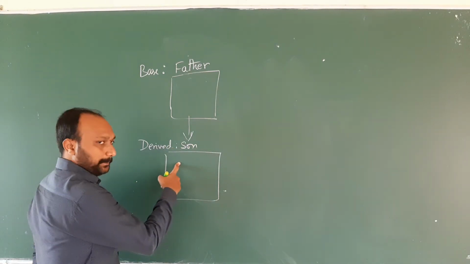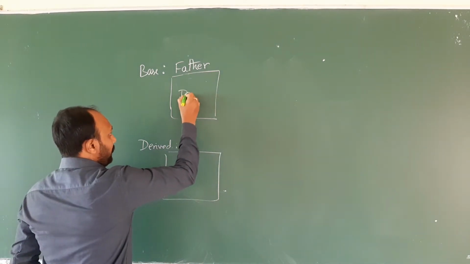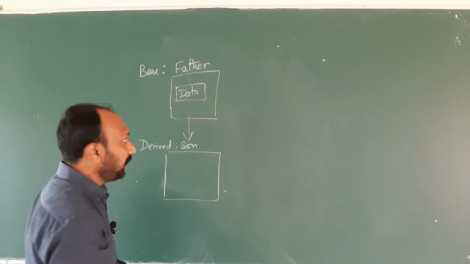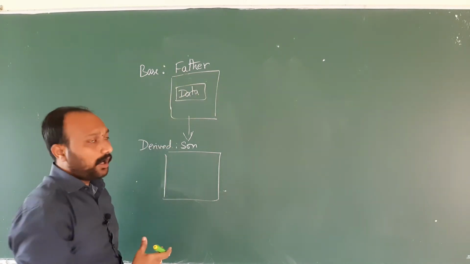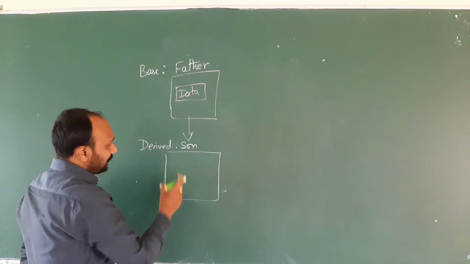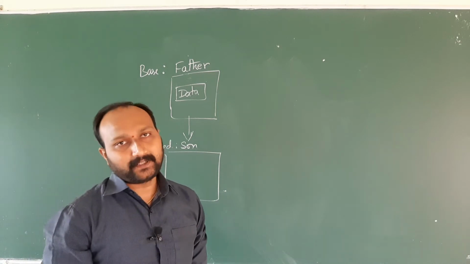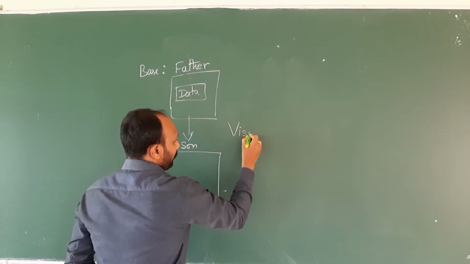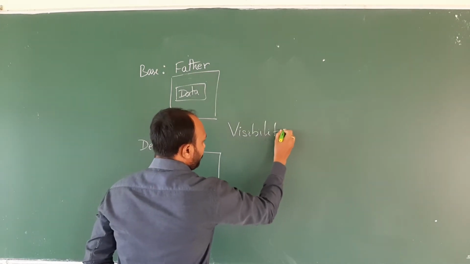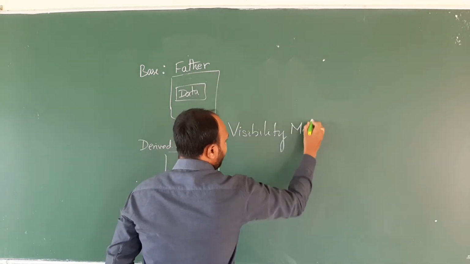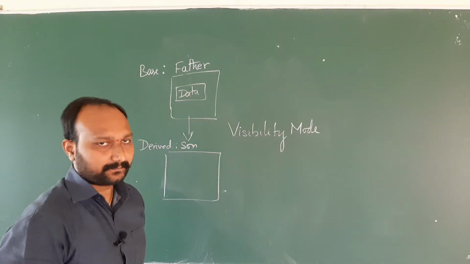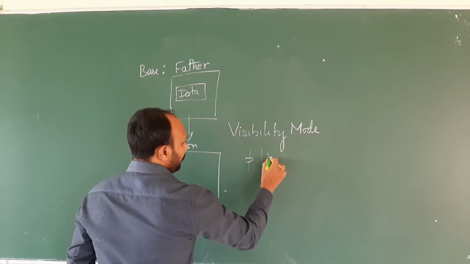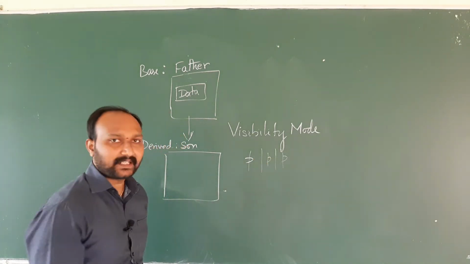So the class son can inherit all the properties or all the data of the base class, or the class son can inherit only a few properties. It all depends upon the visibility mode, what type of visibility we are going with. It can be private, public, or protected; you can go with any one.